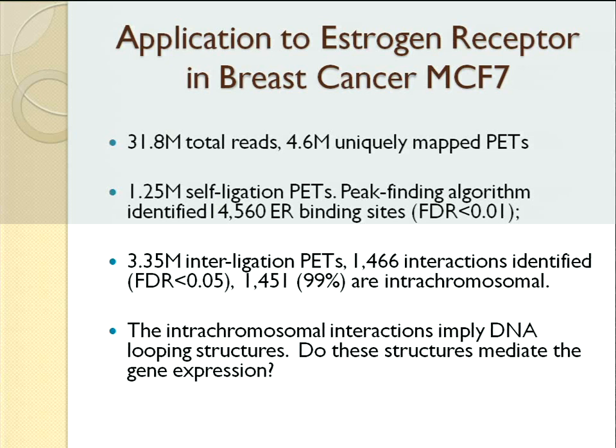Of these 4.6 million, 1.25 million are self-ligation, and the majority of the rest are inter-ligation PETs. We are able to do peak finding and identify the binding sites, and we also apply this to the inter-ligation interactions.